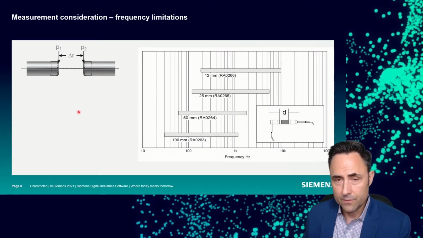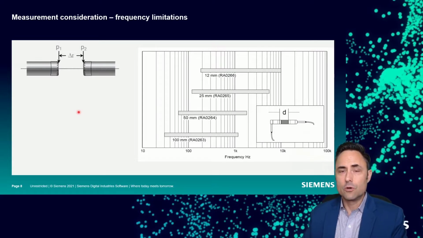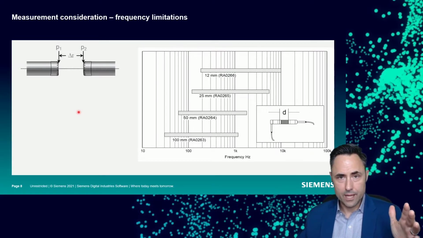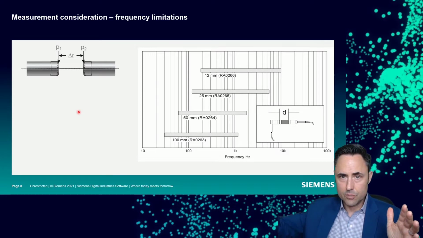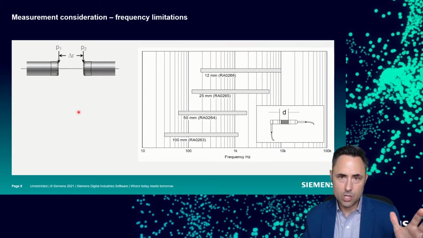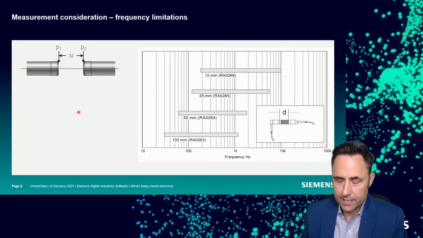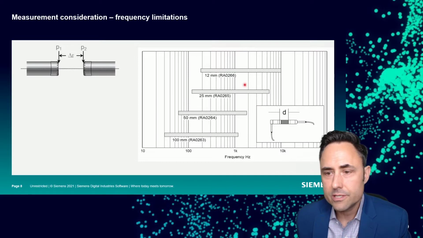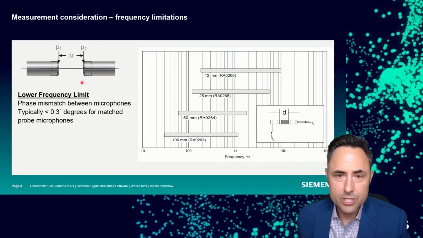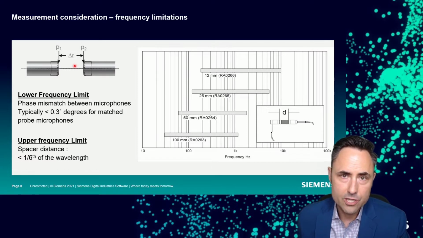We've talked a little bit about the wavelength of sound a couple times today, but lower frequencies have a longer wavelength, the physical size of the pressure wave in space. The lower in frequency we go, the longer that gets, and the higher in frequency we go, the shorter that wavelength gets. As a result, for a given spacer distance, we have limitations on the lower and upper frequency range that we can measure.